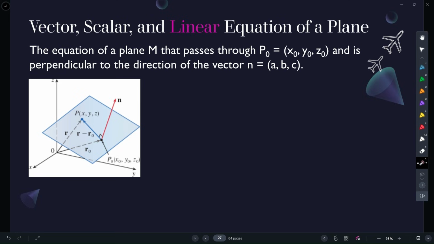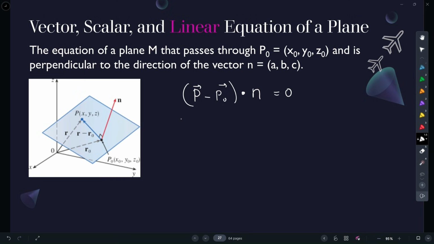Okay, so now I can tell you how to go from the vector to the scalar to the linear equation of a plane. Remember that we had essentially the position for P minus the position for P naught, dot n, equals 0. That is what we call the vector equation of the plane.